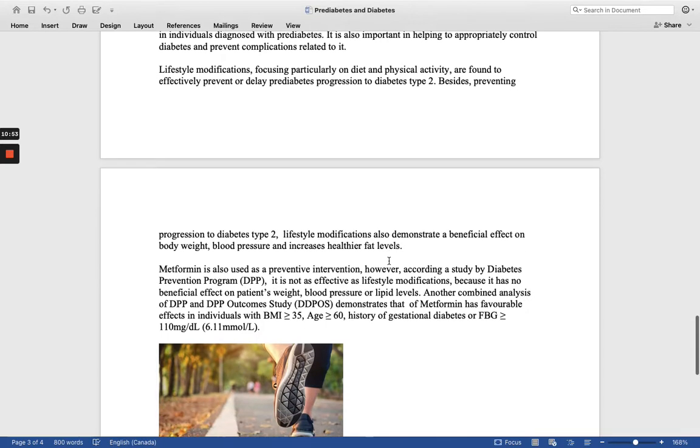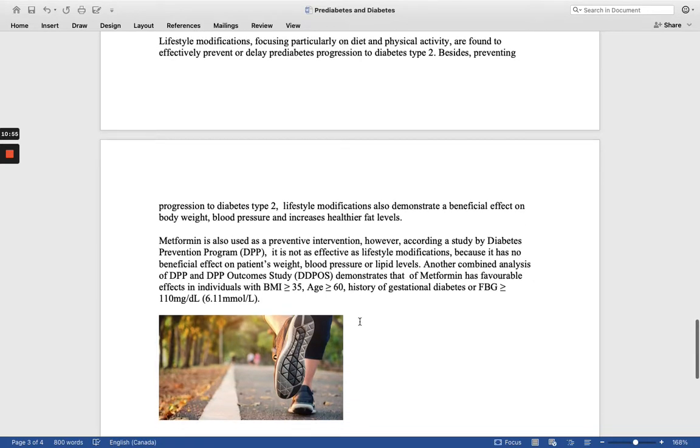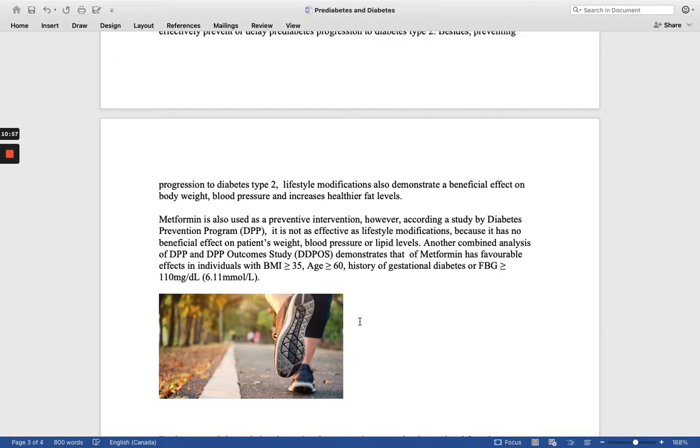Another thing that is also used for preventative intervention is metformin. Metformin is usually used for people who have been diagnosed with diabetes. However, in some studies, it has been used as a preventative intervention to see how effective it is in people.